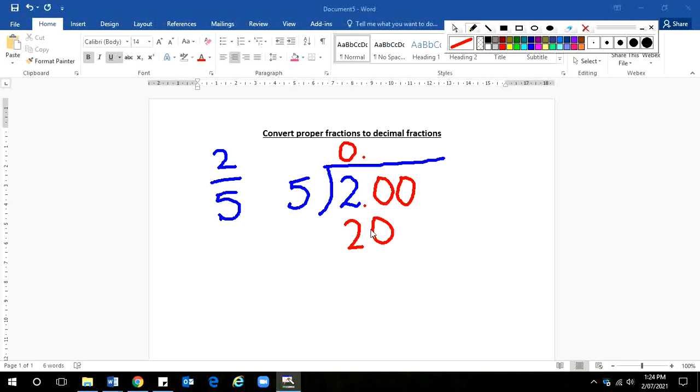And how many 5s can go into 20 tenths? You've got 4, because 5 4s are 20. And if we do the rest of the long division, we do a subtraction there, and that leaves us with a 0 at the end. We know that's where it ends. So 2/5 as a decimal fraction is 0 and 4 tenths.